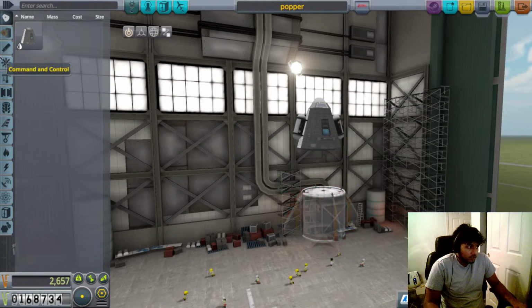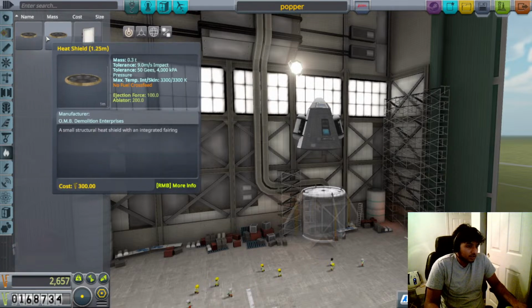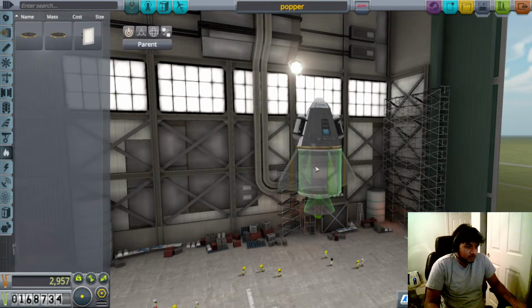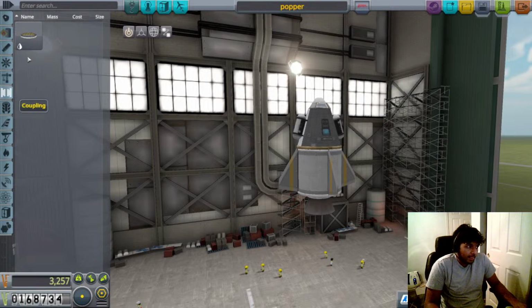Okay, so to do this contract, we're gonna need to add a 1.25 meter heat shield. And we do have a decoupler here. Okay, so we're just gonna scrap away the Popper.